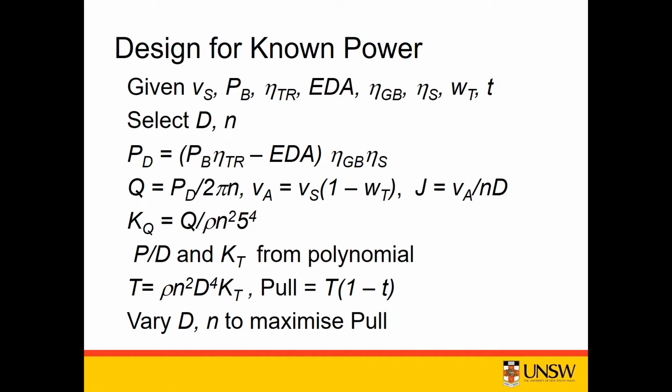But if you've simply put the engine in and you want to find out what the best operation is, you can then vary the diameter and the rate of rotation to maximize the pull. So there are various things that you can do.